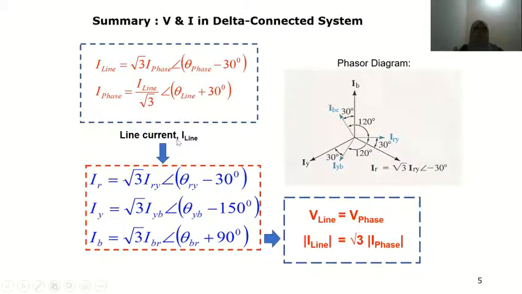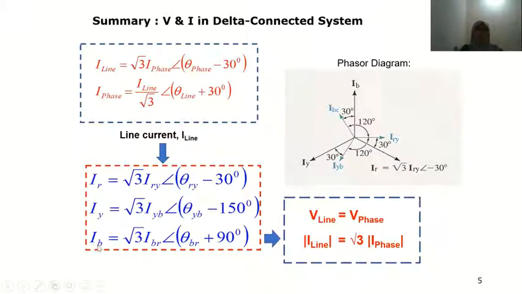The respective line currents: your IR is equivalent to square root 3 IRY with the angle theta RY minus 30 degree, and IY is equivalent to square root 3 IYB with angle theta YB minus 150 degree.